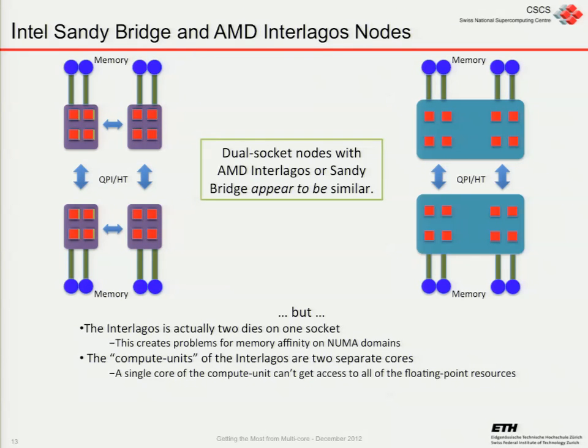And within the dies, it suddenly becomes apparent, they are connected by the same weaker connection as the sockets. And that is also connected by hypertransport. That makes a big difference, because now we can't say that we want to have all of these cores working together on the same view of memory, because if this one wants to access the memory over here, it has to jump first to get access to it.